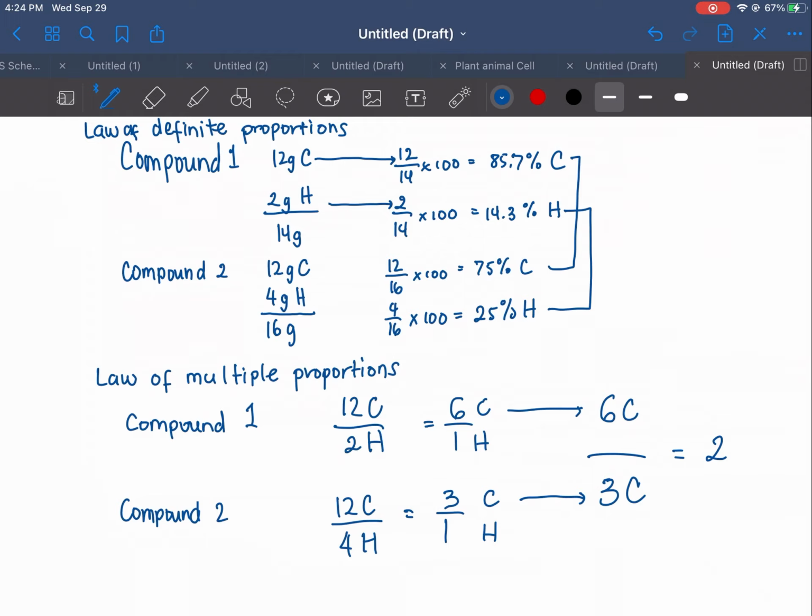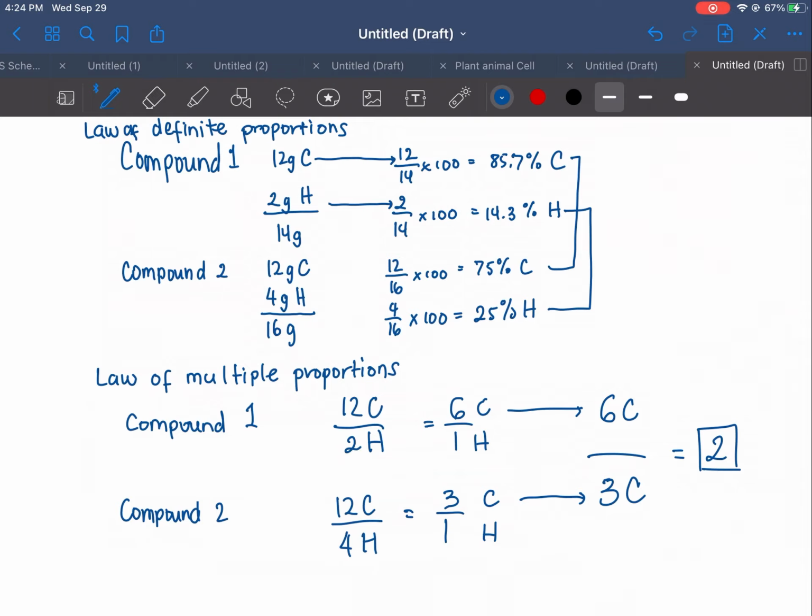It's a whole number ratio, which means that the amount of carbon in compound 1 is twice as much as that in compound 2.